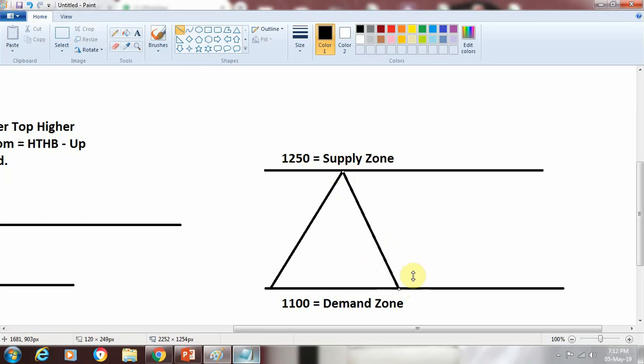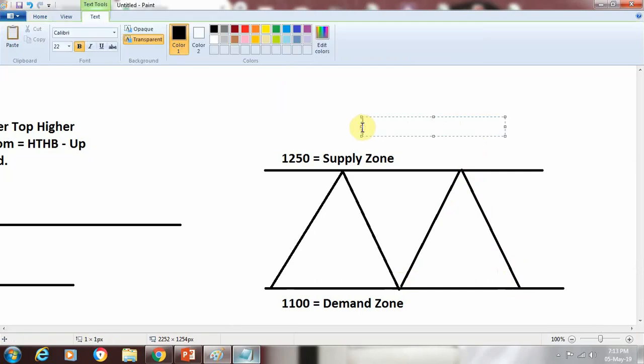This is how the price is going to keep moving, from demand to supply and supply to demand. When the price is just oscillating between the demand and supply zone, we call this a sideways trend.